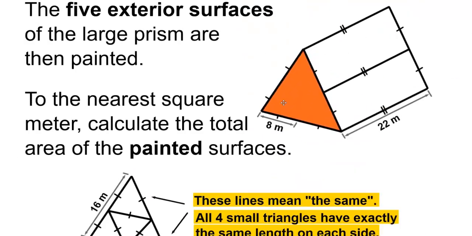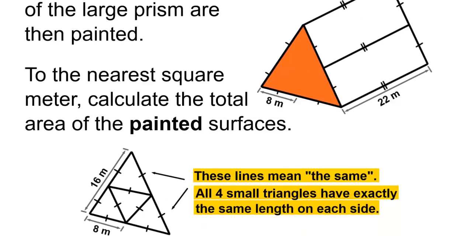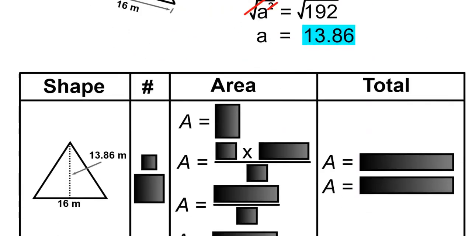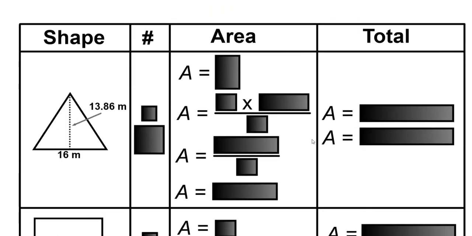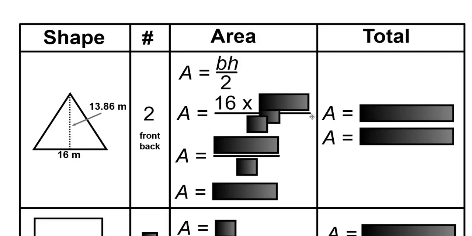There's a triangle here in the front, and there will also be a triangle there in the back. Therefore, there's 2 triangles.